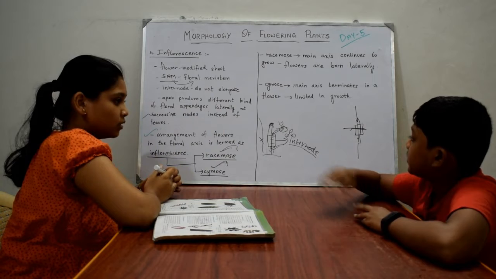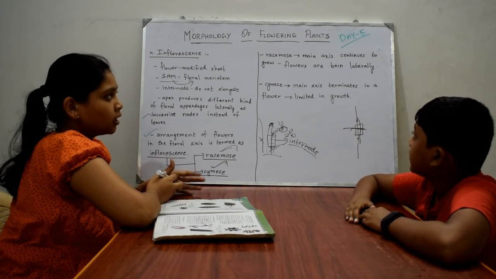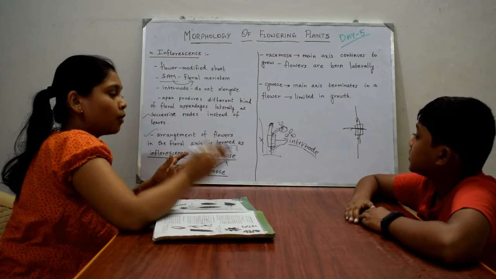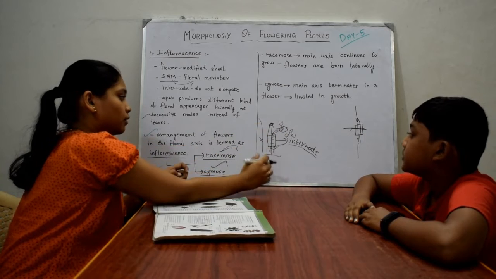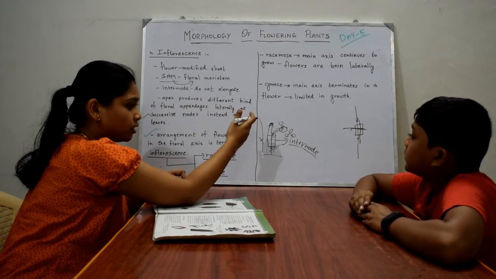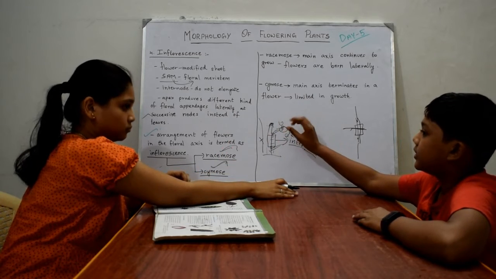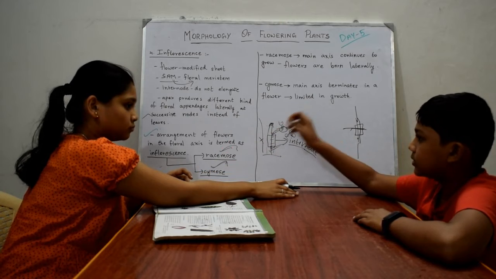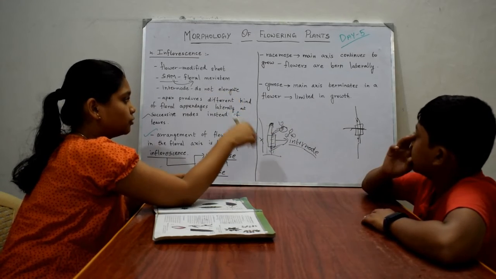The main axis means the stem. Flowers are borne laterally, at the surrounding branches, not at the top of the stem. When it continues to grow, the flowers are borne laterally.